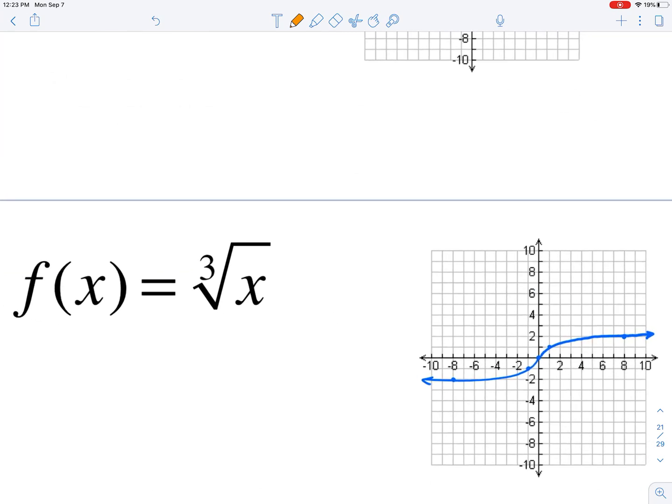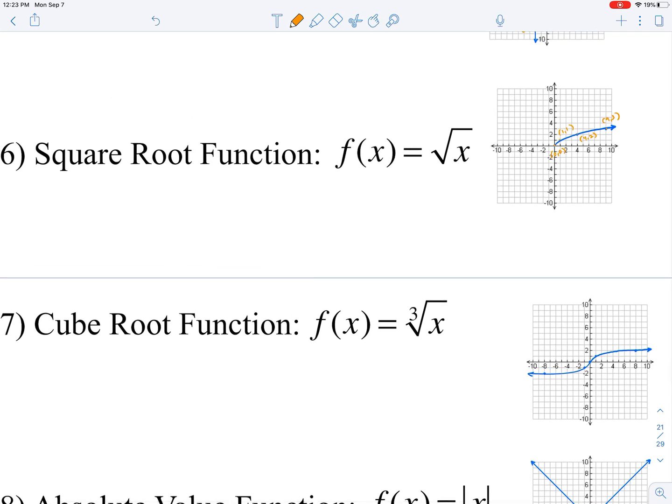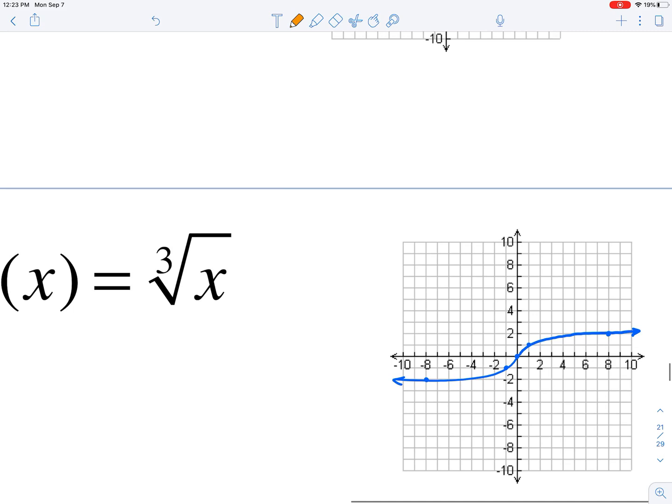The cube root function: that same student that referred to x cubed as being the chair function referred to the cube root function as the sideways chair. So I refer to this as the sideways chair.